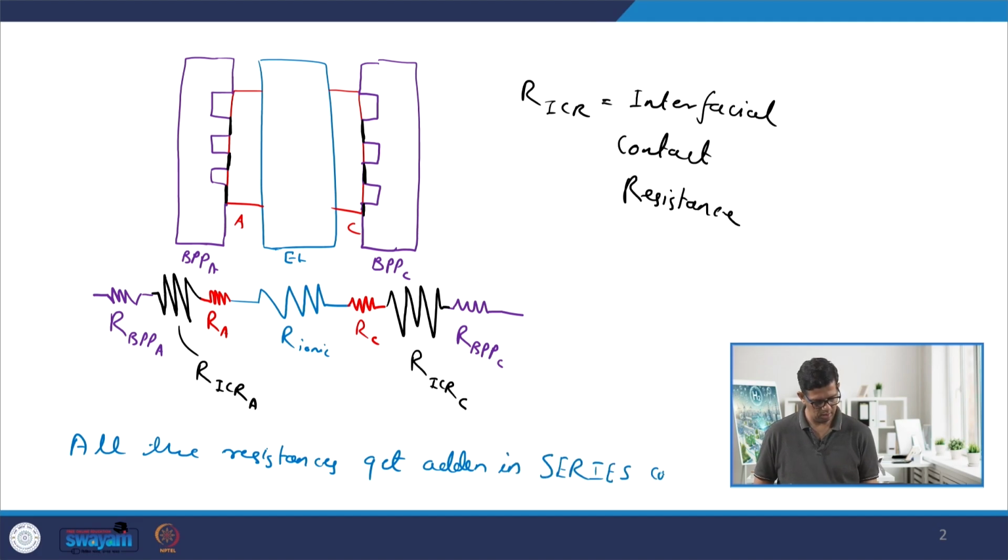And looking at the magnitude of these resistances, R ionic is fairly large. The anode and cathode resistances as well as the bipolar plate resistances are quite small compared to the contact resistances and the ionic resistances. So out of all these resistances, the contact resistance and the ionic resistance dominate the entire resistance of the cell.